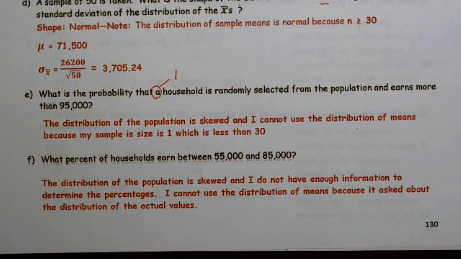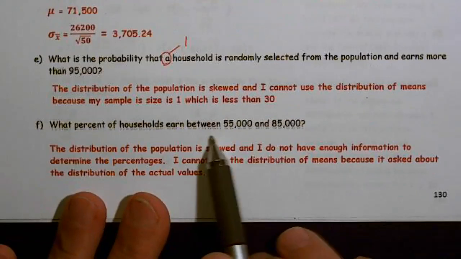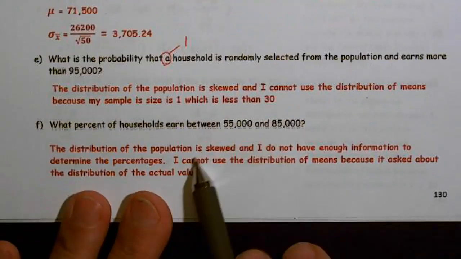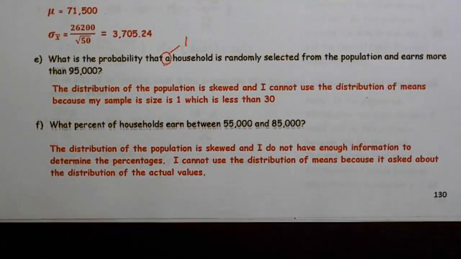Then it says, what percent of households earn between 55,000 and 85,000? Once again, our distribution is skewed, and I do not have enough information to determine the probabilities. I cannot use the distribution of means because it's asking about the distribution of actual values.